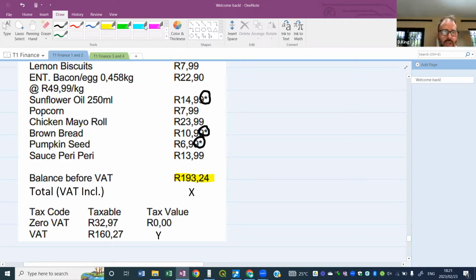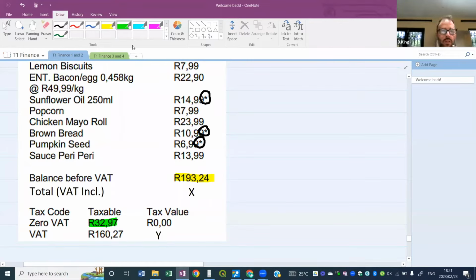Then on the bottom left here, what they've done is they've split the 193 Rand into zero VAT rated. So this is the amount that you're not going to get charged VAT on, which is the sunflower oil, the brown bread, and the pumpkin seeds. Those together come to 32 Rand 97.